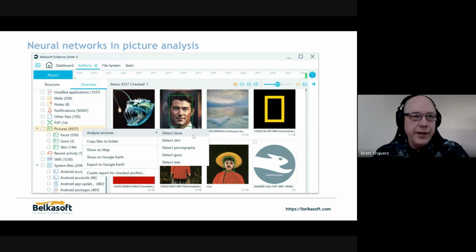So running a facial scan, or for weapons or for people, just to find what you need saves a lot of time instead of going through every single picture. So, yeah, I use it. I think it's probably one of the easiest ways to get the initial clues that you can verify and corroborate to find more. So yeah, that's the wave of the future, recognition of images with AI.